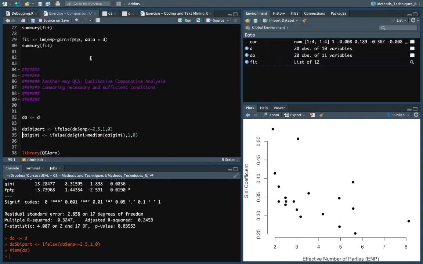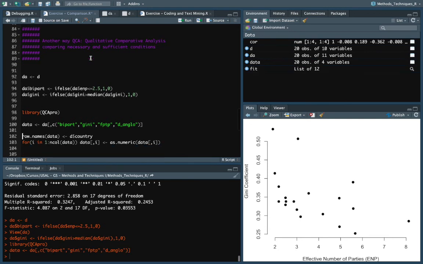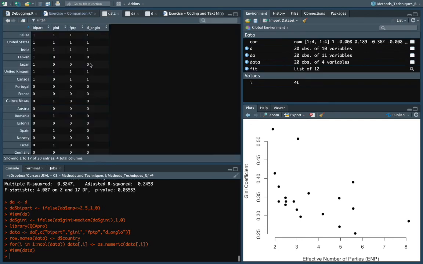The first thing is to just separate the data. I separate bipart, my dependent variable here, and I select the three variables that we looked at before: Gini, if the Gini is higher than the median of our sample, if the electoral system is first past the post, and if the country is Anglo-Saxon.